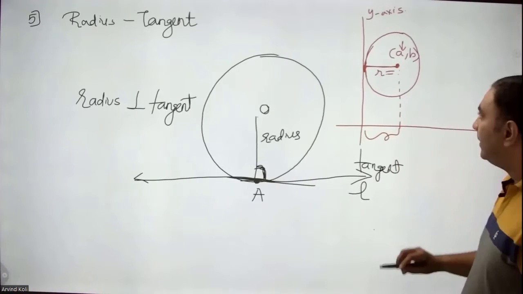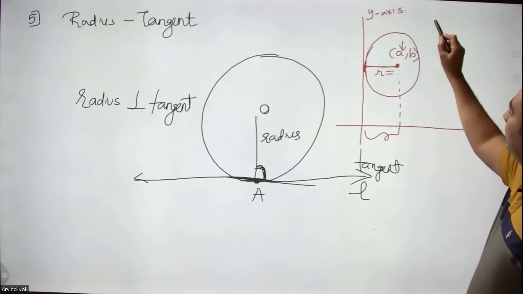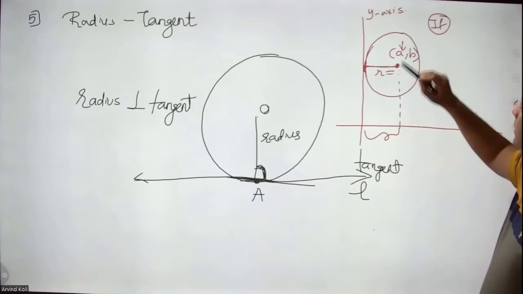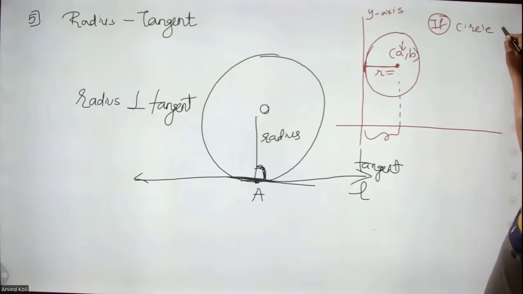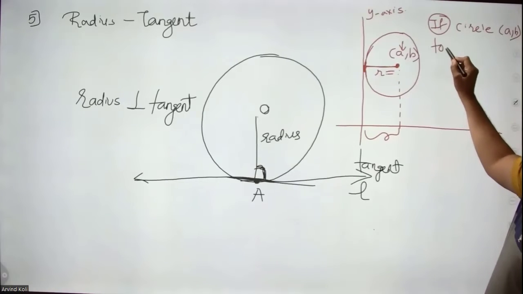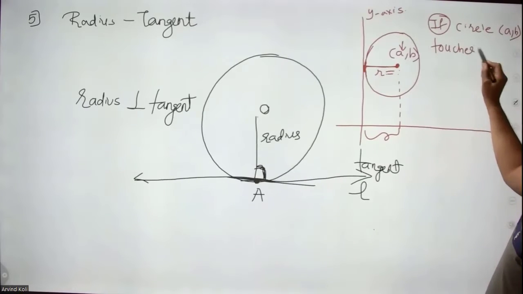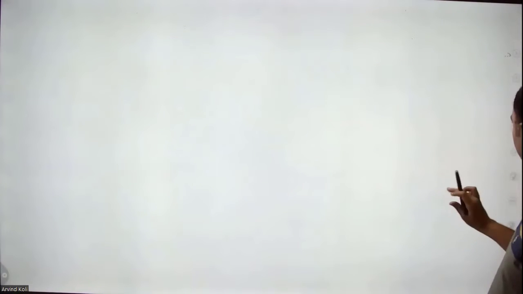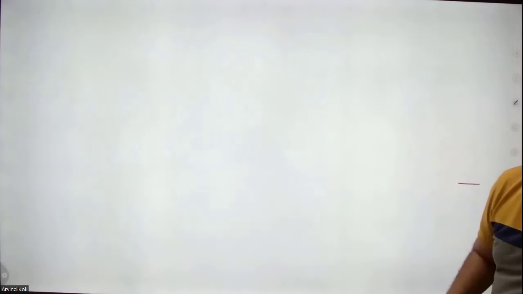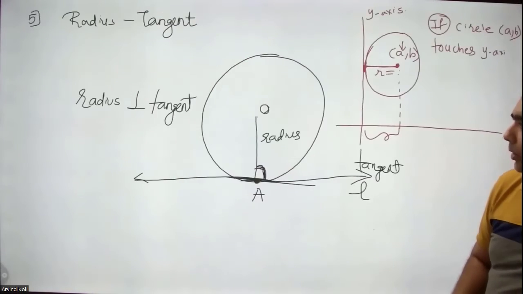So what I can say is, if the circle with center A, comma B touches y-axis, okay, sorry, it went away.